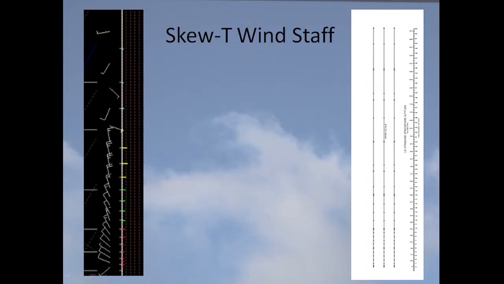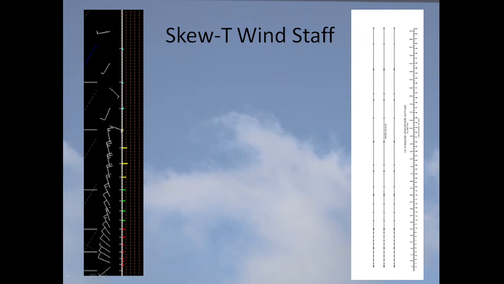All right, the wind staff. You can see the one on the left is plotted, the one on the right is blank. So for each level you plot a wind direction and speed. And then just looking at this chart going from the surface up, you can see that the winds are veering and increasing in speed with height until you get way up into the upper levels, and then they just go light and variable at that point.